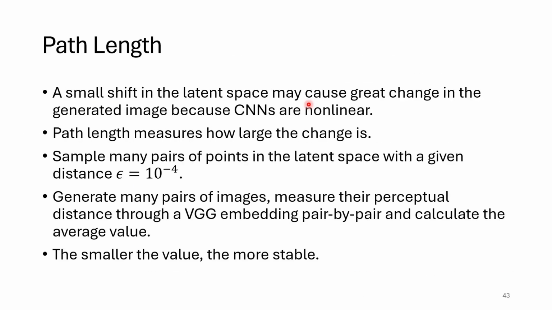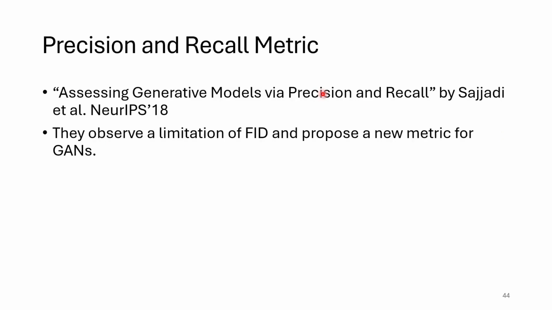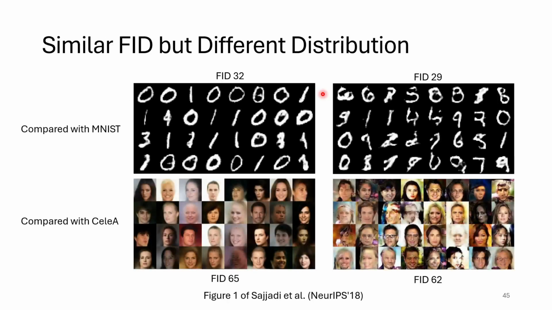Alright, and the last two measures are precision and recall. Here we need to talk about the limitation of FID. Let's compare two sets of images. Both are generated and compared with the original and mixed data set. Their FID are both 32, and this is okay.